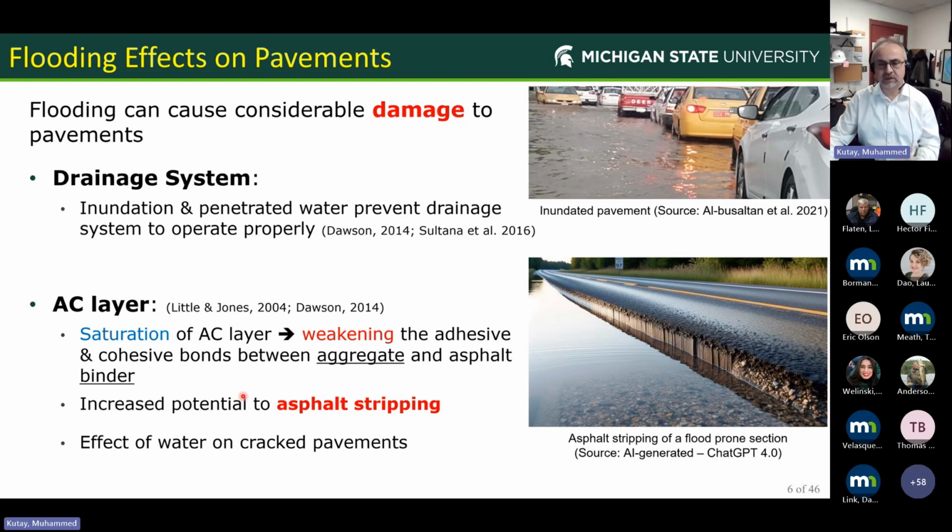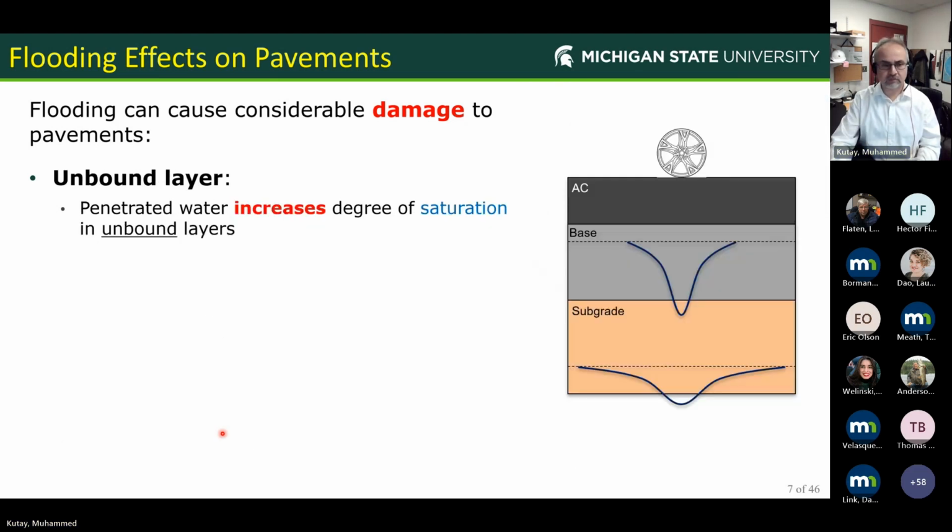If you're talking about a flexible pavement, you might have moisture damage problems in the long run. These have been studied quite a bit in the past. One of the things that hasn't been studied that much is the effect of water on already damaged pavement or cracked pavement. So you might have a significant problem in those cases.